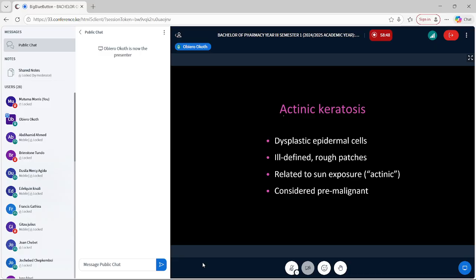And anytime you refer to the term actinic, you're referring to sun exposure. Keratosis is basically thickening of the epidermal cells with abnormal keratinization. We think this is premalignant and this is normally what leads to squamous cell carcinoma.